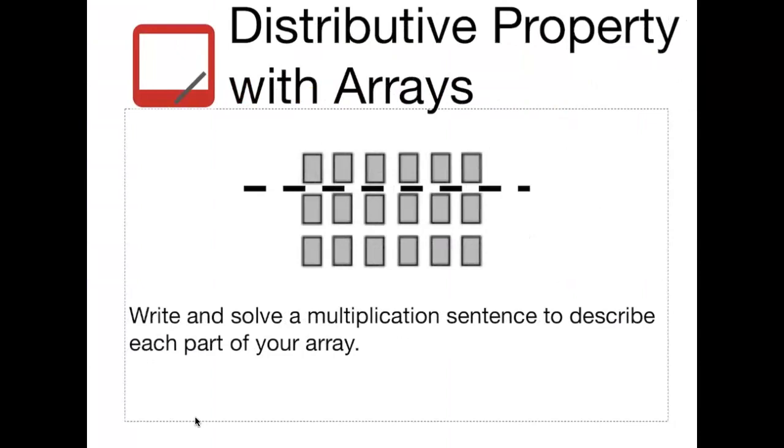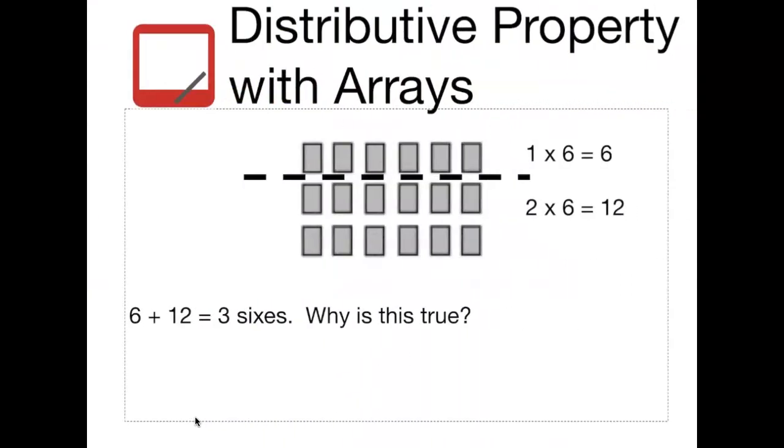And now we're going to write and solve a multiplication sentence or multiplication equation to describe each part of the array. So up here we have 1 times 6 equals 6, and here we have 2 times 6 equals 12. So 6 plus 12 equals 3 sixes. Why is this true?